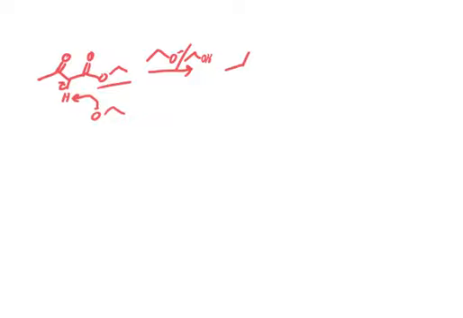So I have a stabilized enolate here, and there are a lot of resonance structures for this molecule. We'll draw all those as well. And we'll just show the possible resonance structures.